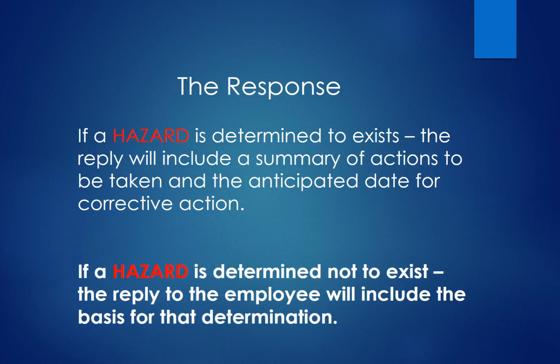If a hazard is determined not to exist, the reply to the employee will include the basis for that determination. This reply will encourage informal contact with installation safety and health officials if additional explanations are desired. It will also inform the individual of their right to appeal as outlined.